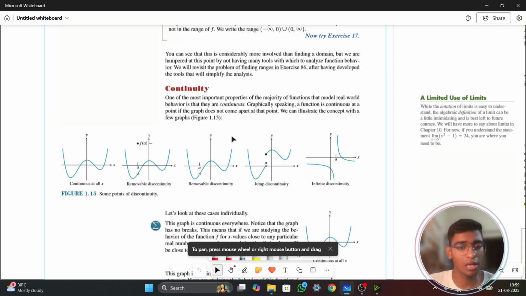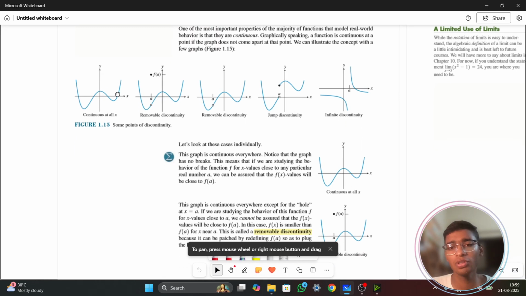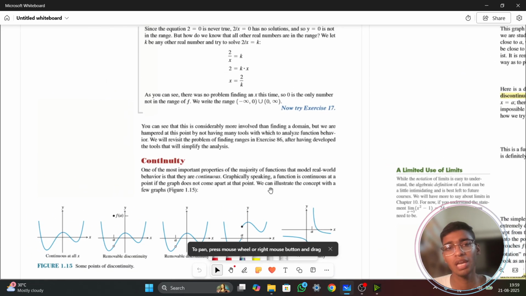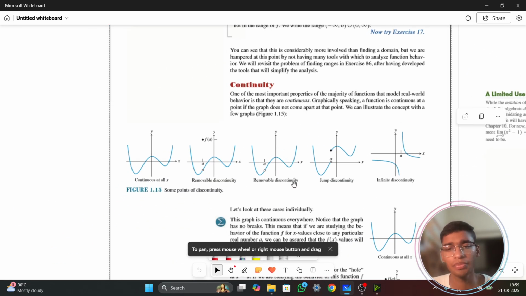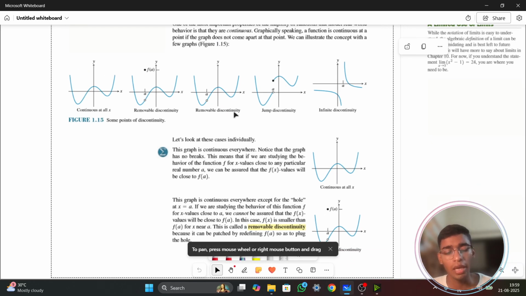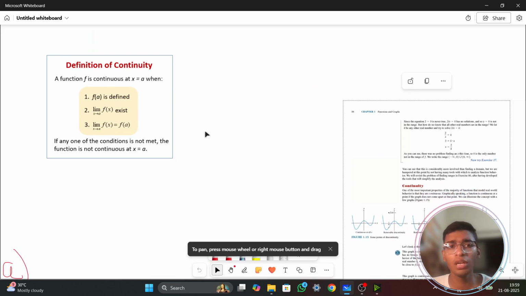So let's start. We are having some graphs and we'll try to understand with the help of graphs. Before that, I want to tell you the definition of what exactly continuity is. There are two things. First of all, you need to know being continuous always has some predefined laws, and there are three pointers which you need to take into account.